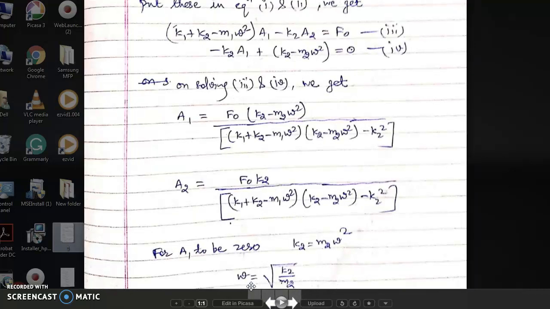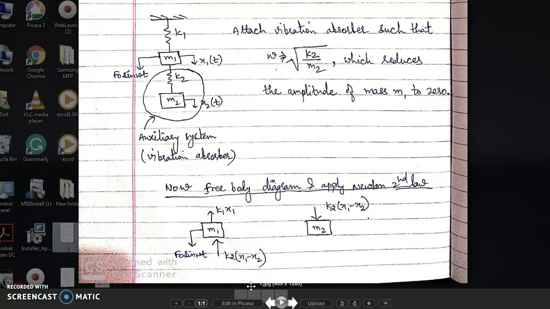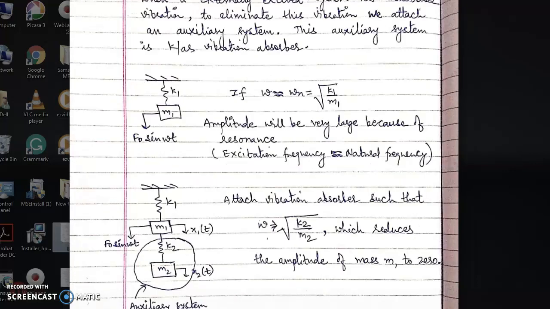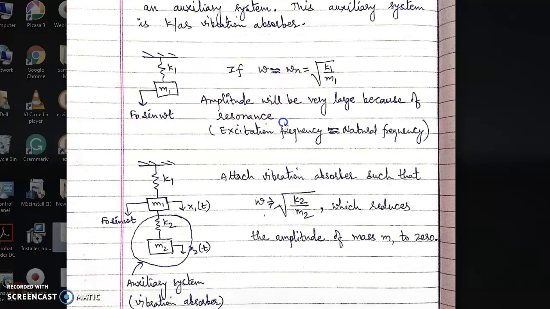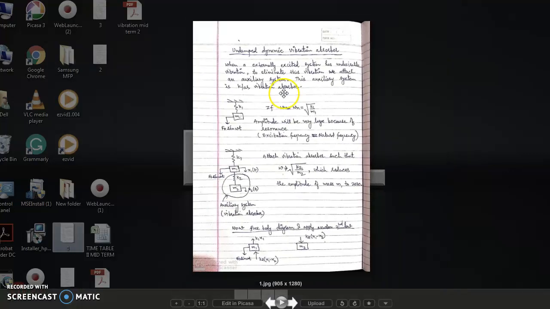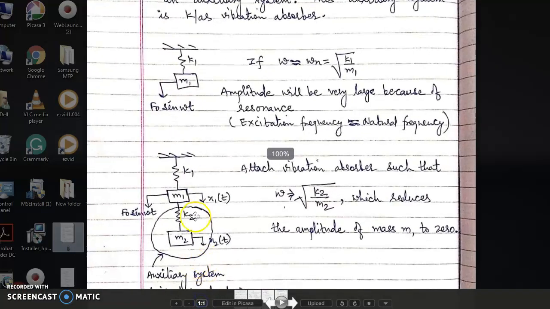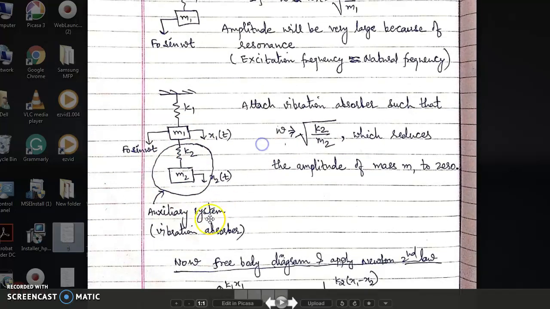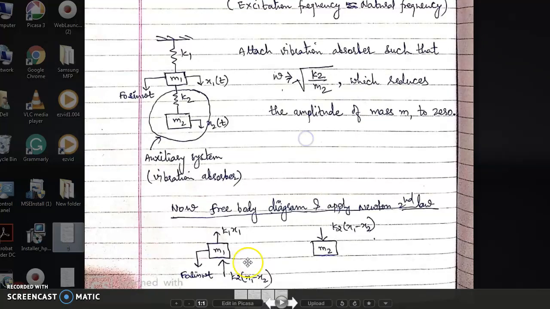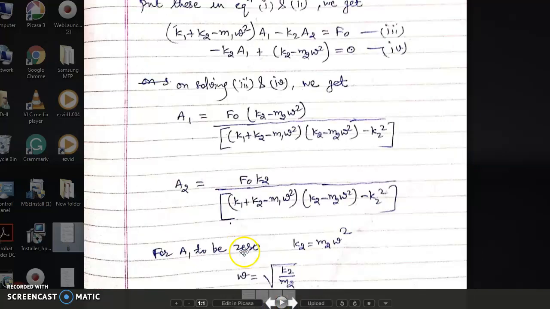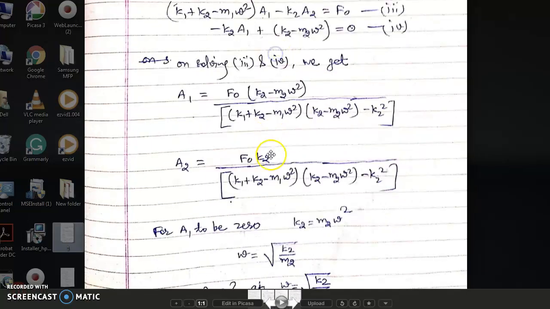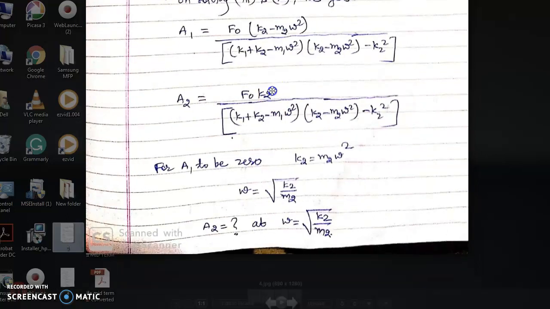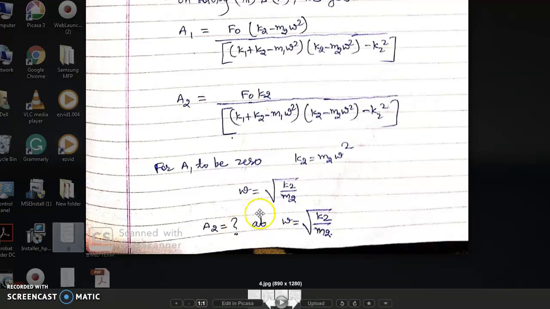It's very simple, very much simple. Simply we have explained definition, main system, then I attached our vibration absorber, then free body diagram, Newton's second law. Same thing, we are doing the same thing from the 3 lectures, so I don't think you would have a problem now.